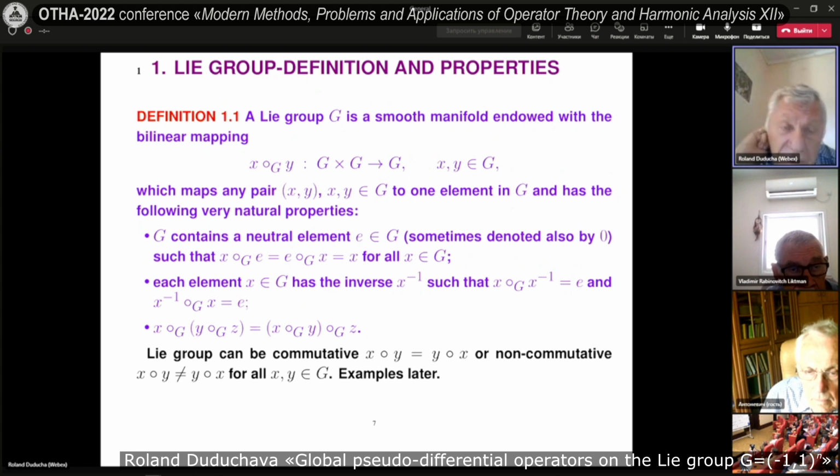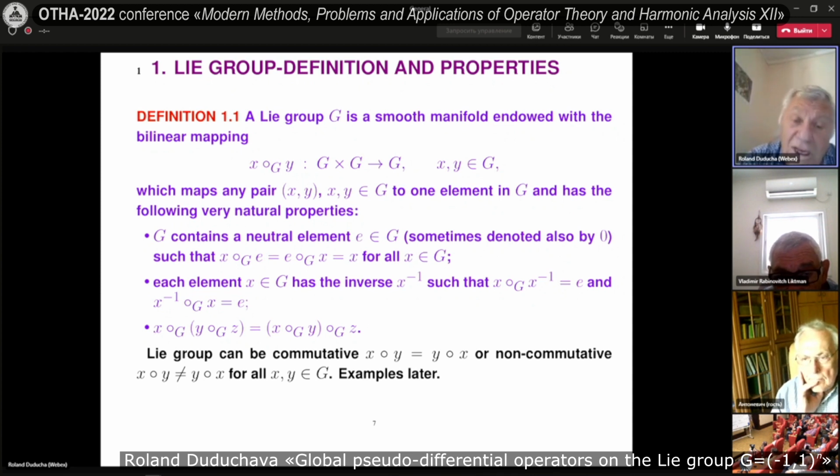First of all, a group has a binary operation which maps any pair of elements of the group to an element of the group, and it has the standard properties, as the sum and the product.